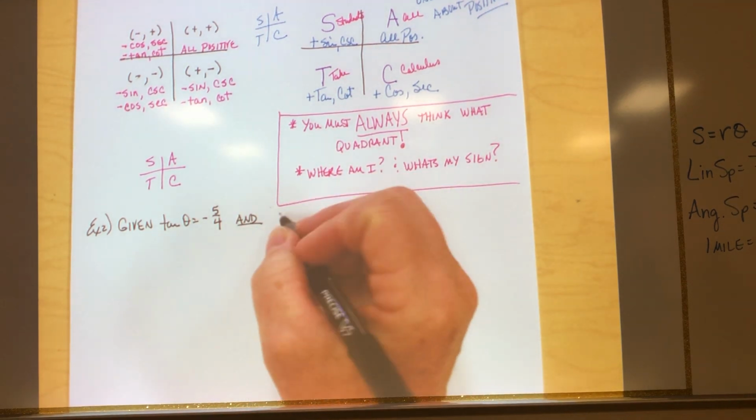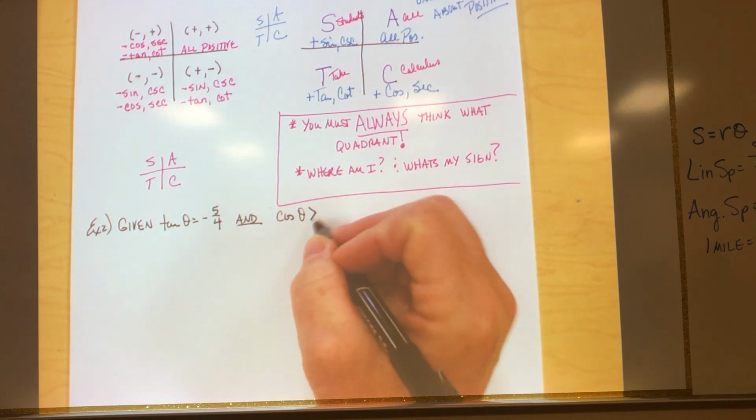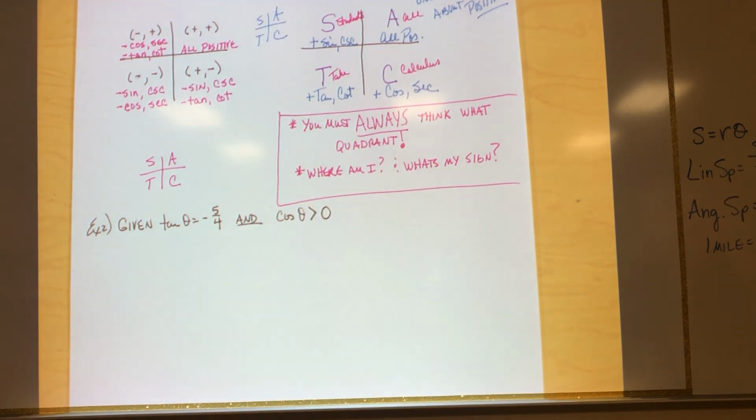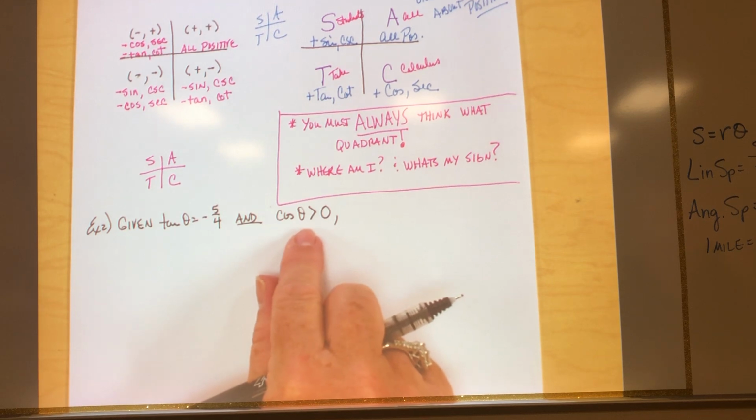So I'm going to have to tell you something else. The cosine of theta, don't say it out loud, is greater than 0. Now notice what I did. I didn't just blatantly tell you where I was. I did it mathematically, kind of sneaky.